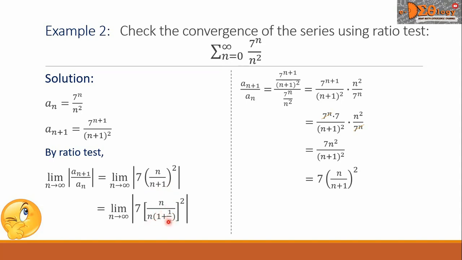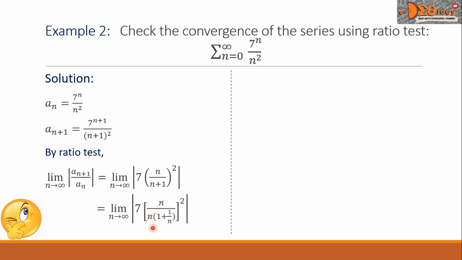We can see that we can cancel the n and the n. Simplifying further, the limit now becomes 7 times the fraction 1 all over 1 plus 1 over n, with the power 2 there.